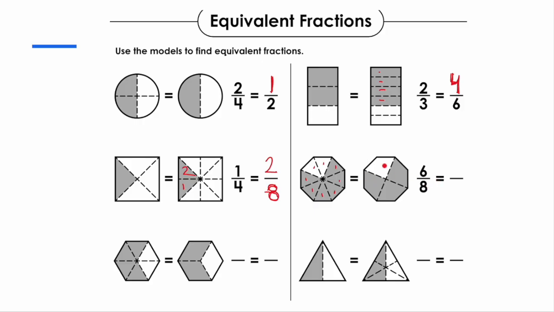Well, I'm going to count my total number of pieces, going with that denominator. Have to have the denominator. 1, 2, 3, 4. Denominator is 4. All right, now counting the shaded pieces. 1, 2, 3.